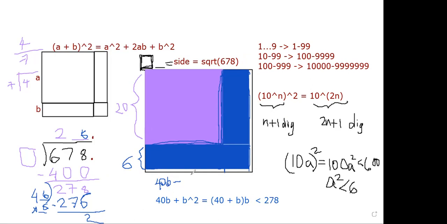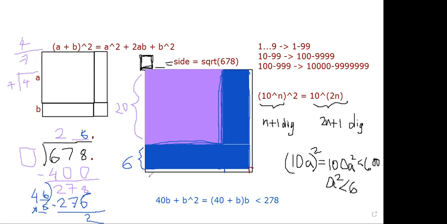So now we are looking for another number, let's say C. Here it will again be split into a very tiny square and 2 rectangles.